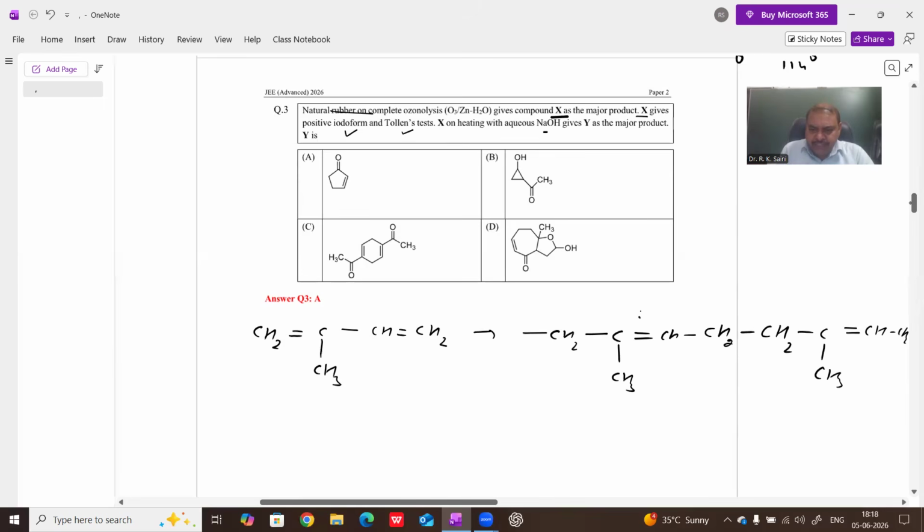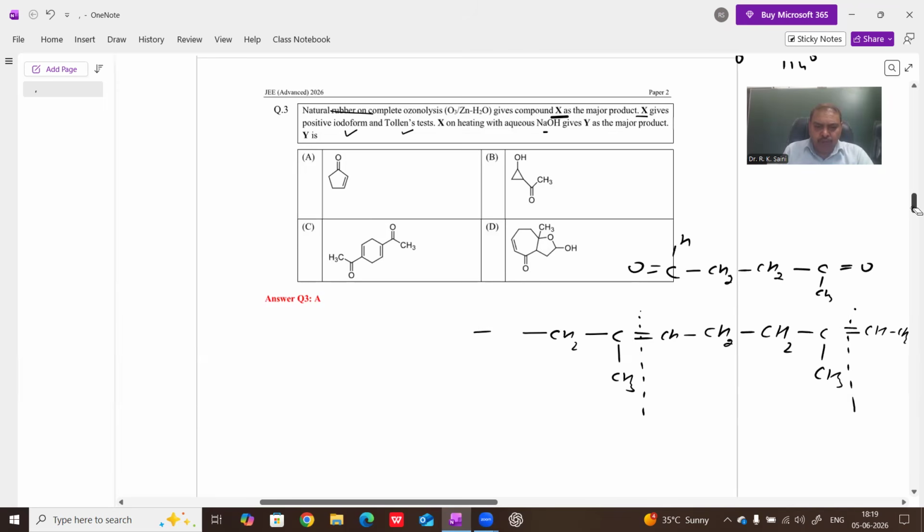On ozonolysis, we obtain a stable species, this one, and hence CH double bond O, CH2, then CH2, C, CH3 and double bond O. That is the stable species obtained by the ozonolysis of the polymer of isoprene or natural rubber.